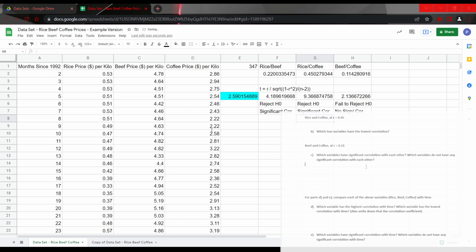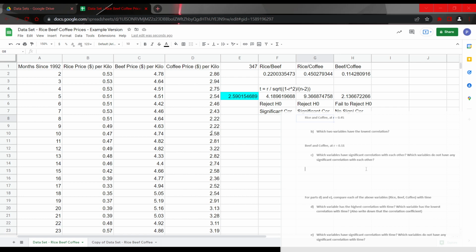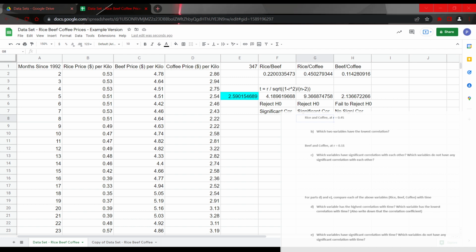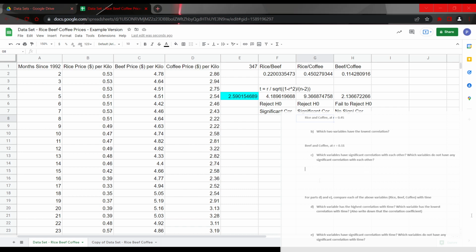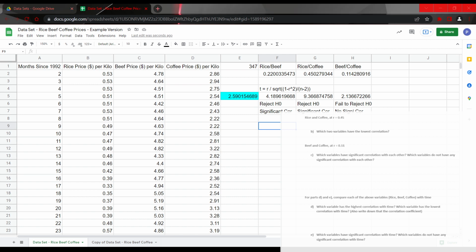On your answers, from now on, if I ask you to just say which ones have correlation with each other, what I need is the graph along with however many dots you need to plot, and then just say which ones have correlation or not correlation. This part with the reject or not reject, I'm less concerned about, although I will give you partial credit if you messed up the wording.